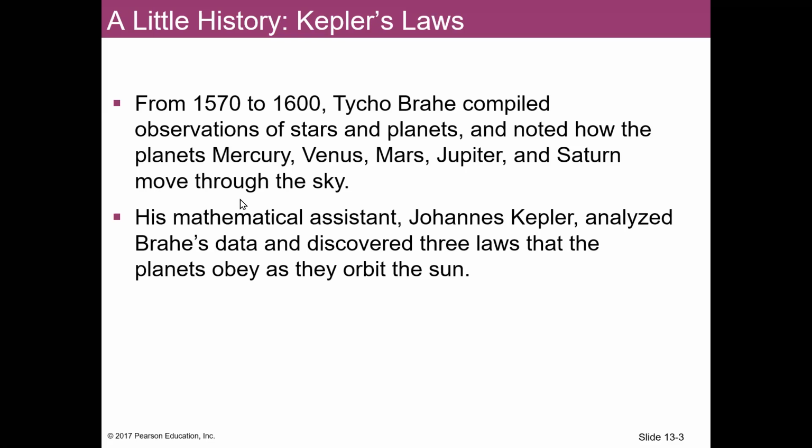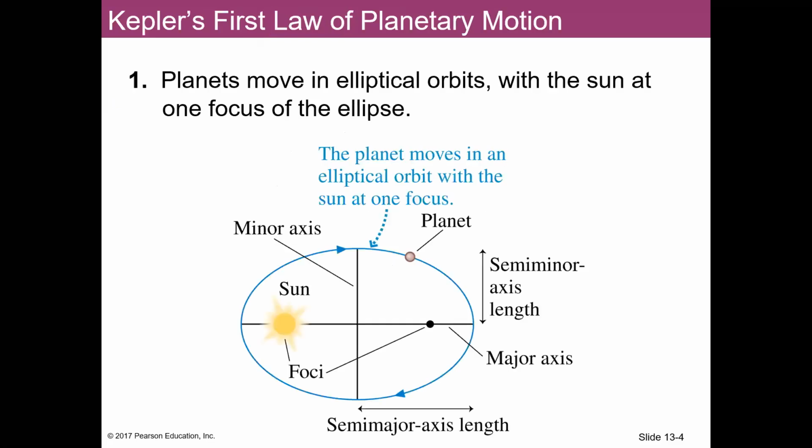So these 3 laws, which we'll certainly get to in the course of this chapter, but the first one is that all these wanderers, including Earth, actually, orbit the sun in an elliptical orbit with the sun at a single focus, or a single foci, right? A circle is like an ellipse with the foci aligned at the same spot.